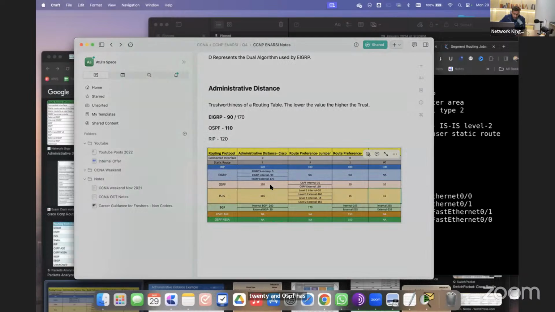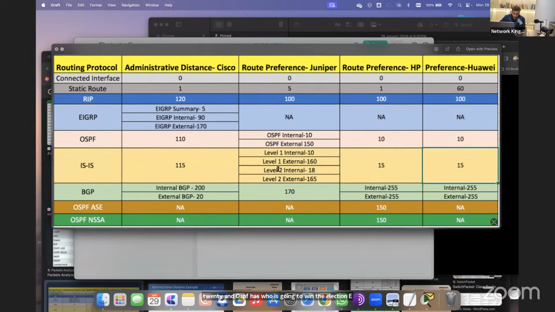EIGRP. Okay. And when it comes to Juniper, between RIP and OSPF internal, OSPF is going to win the election. When it comes to HP and Huawei, 100 is RIP and OSPF is 10. So OSPF is always going to win because every manufacturer knows OSPF is better than RIP.